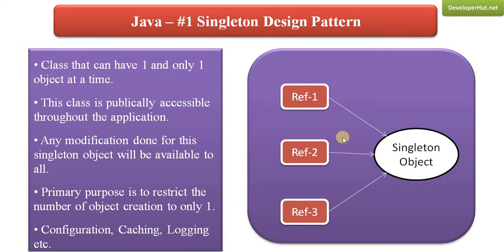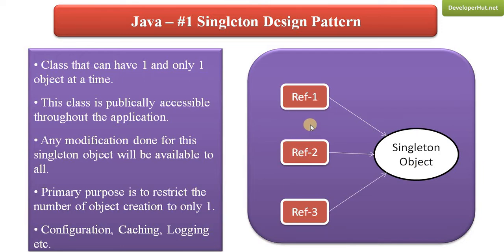This class is publicly accessible throughout your application so that multiple references can refer to the single object. The basic advantage is that any modification done inside this object is available to all the references referring to it.